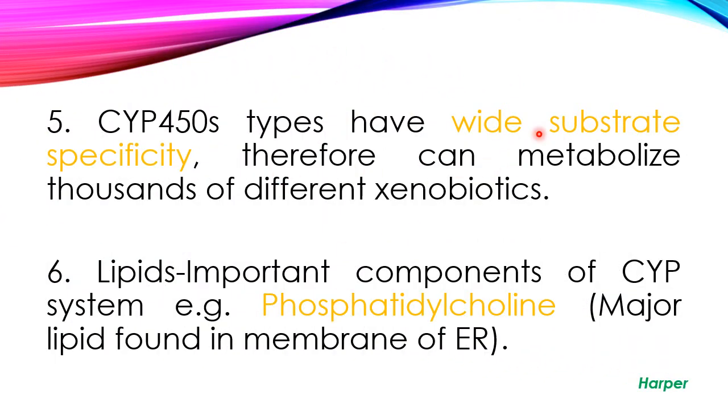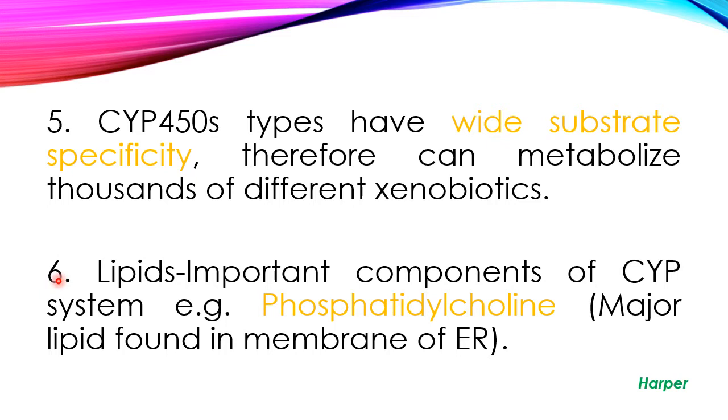There is wide substrate specificity associated with cytochrome P450, which shows that cytochrome P450s are capable of metabolizing multiple and different xenobiotics at a time. Therefore, the human body can handle thousands of xenobiotics at a time.